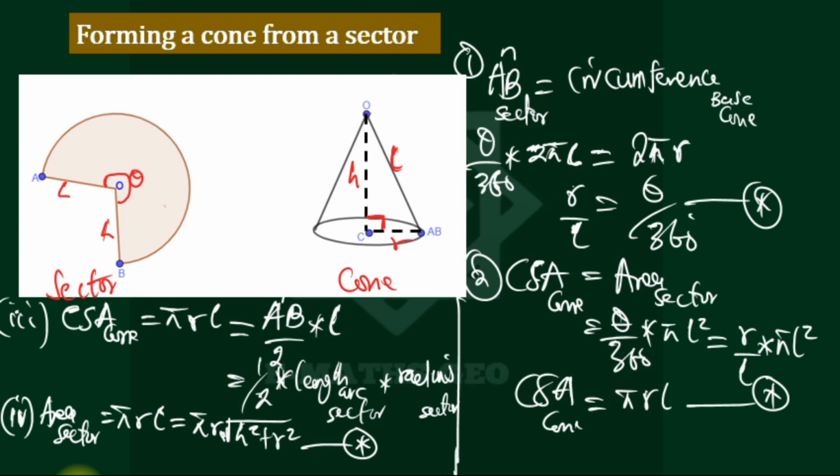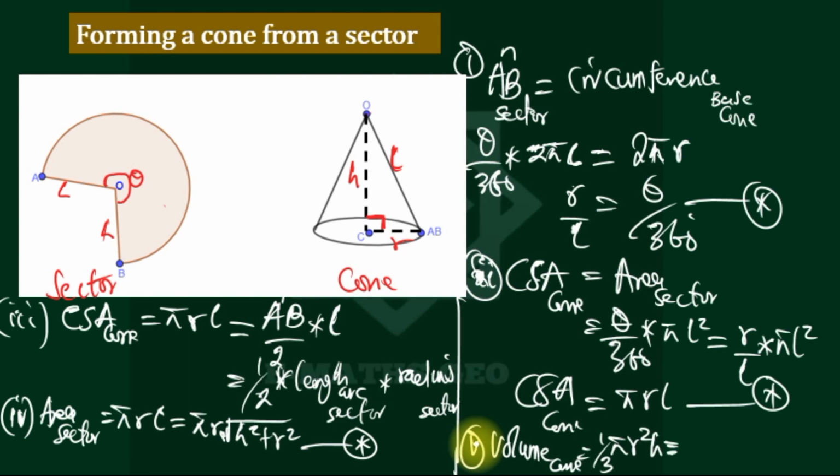So finally, the volume of a cone is always equal to 1 over 3 pi r squared h.